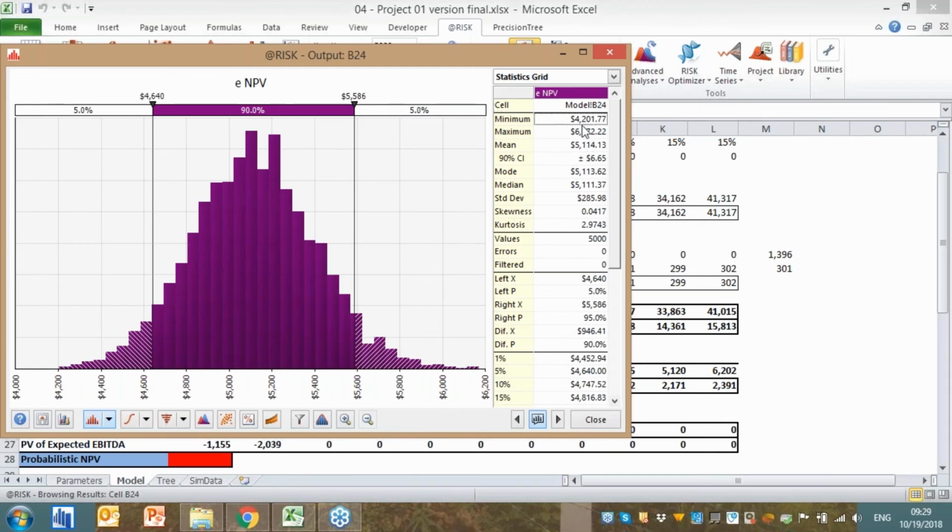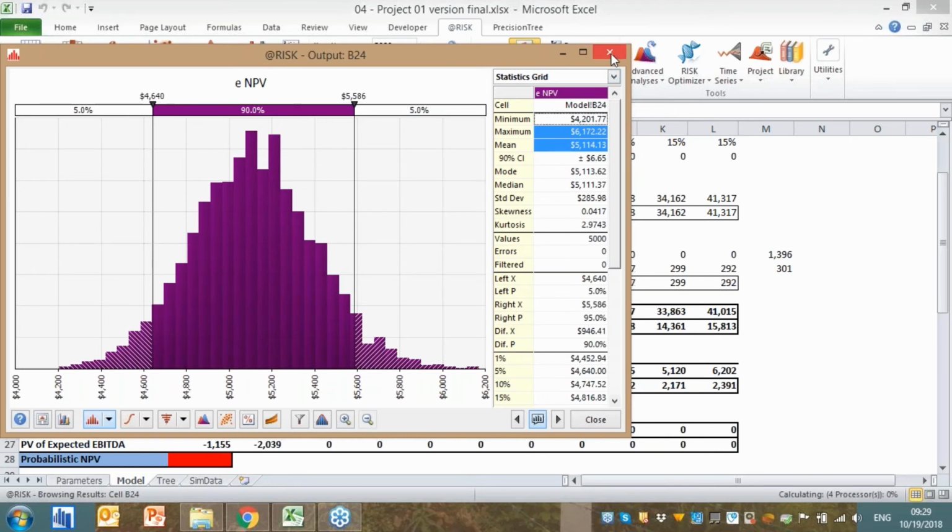So as you can see, the variation only goes from 4.2 to 6.2 mil over here. This is unreal because this is just the expected NPV. In reality, the project itself could go as negative as $6 million and as positive as more than 50,000 on the other side.